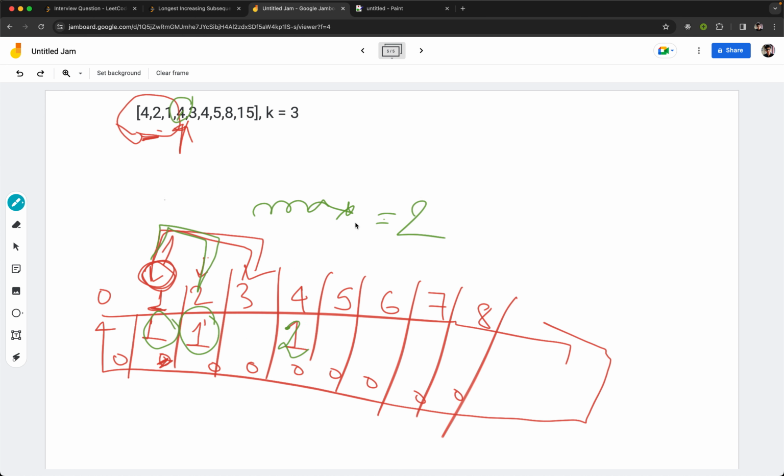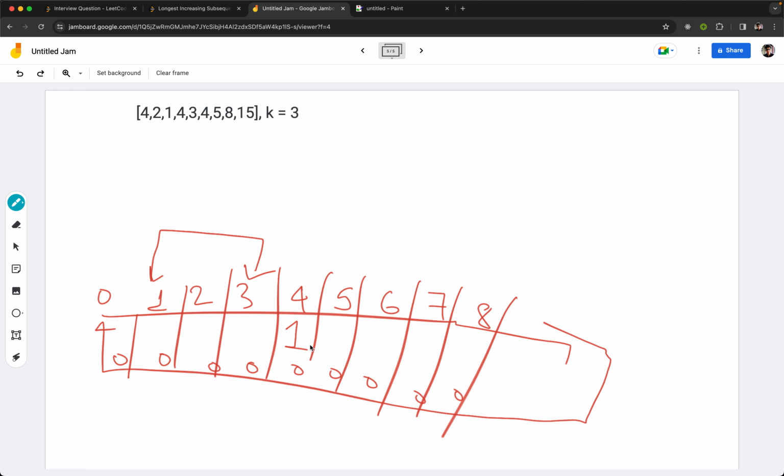Let's say we have inserted 1, 2 and 4. Fine, there are the first 3 elements. Now when the next 4 comes, okay, let's start from the first only.